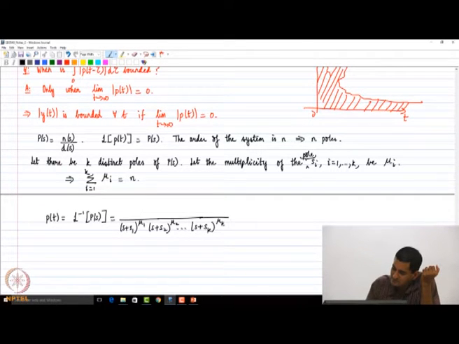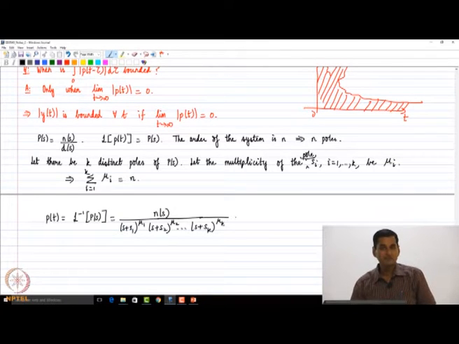So that's how this is going to come up. That's how I can split the denominator polynomial. I can factorize the denominator polynomial.